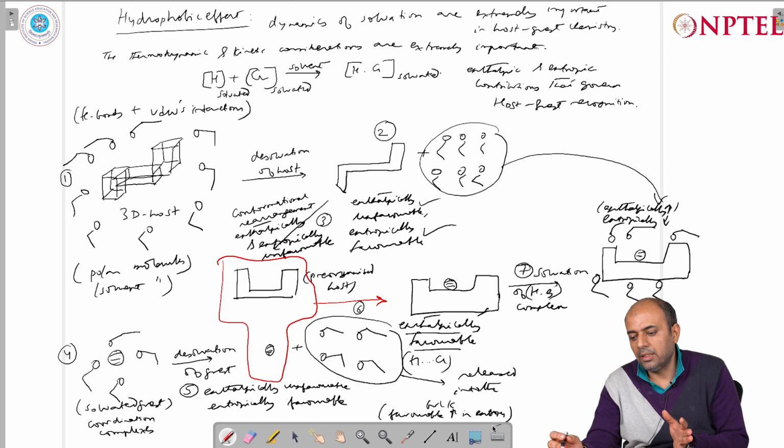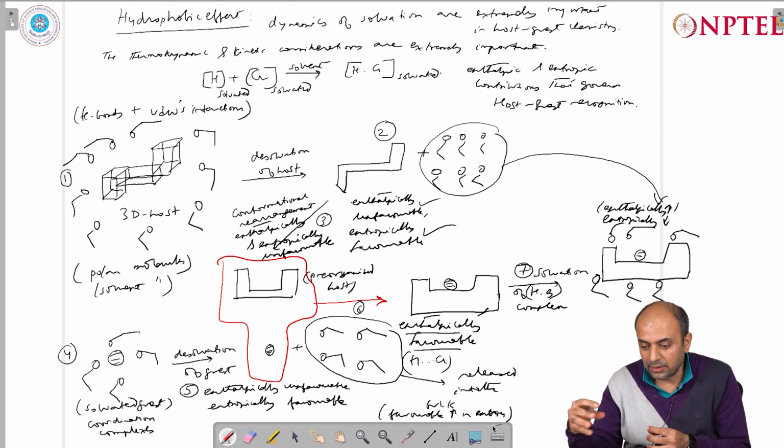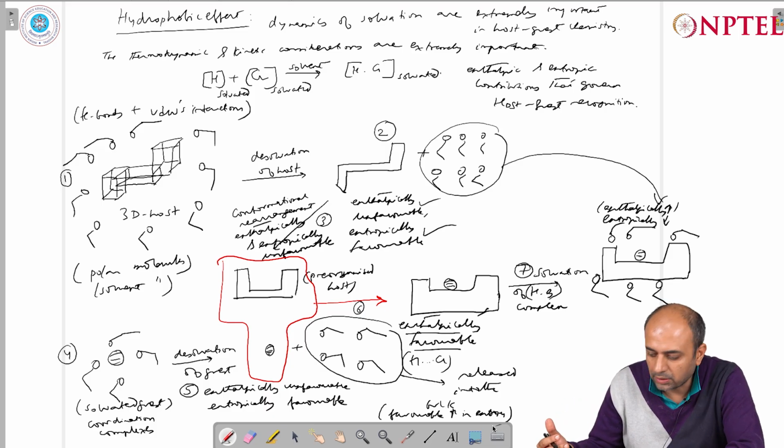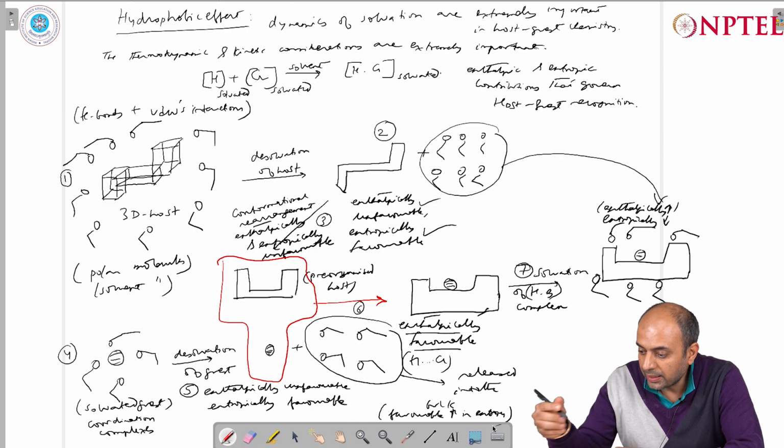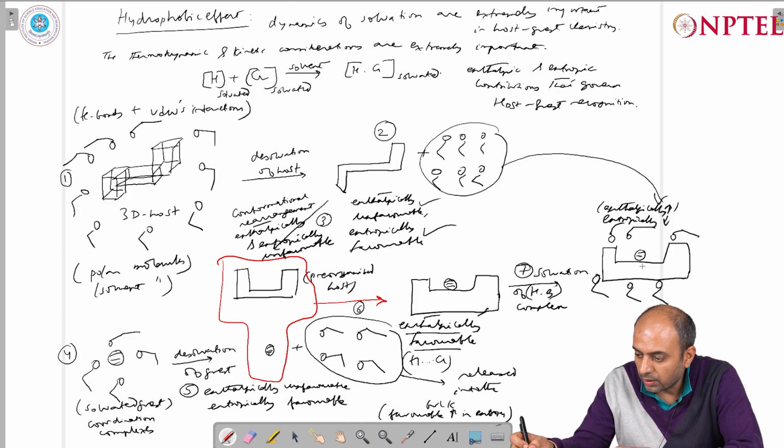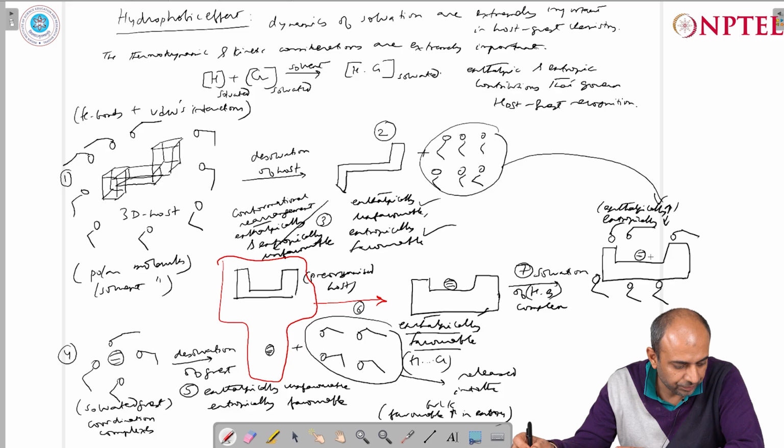So overall, the complexation of the host and the guest releases solvent molecules into the bulk, and that increases the translational entropy of the system, and therefore we say that host-guest complexation is favored by an increase in entropy. Enthalpically also it is favored, because the host-guest complex is stabilized by favorable interactions between the solvent and the complex.